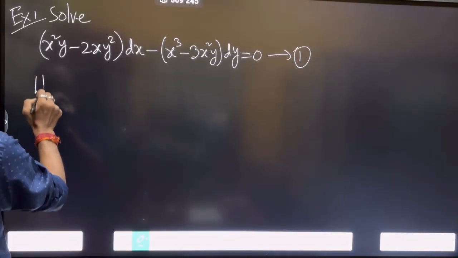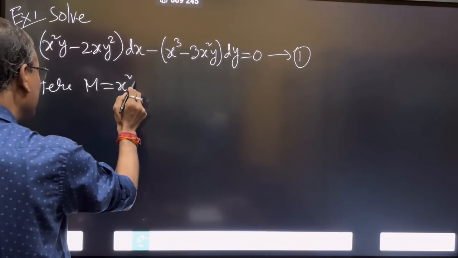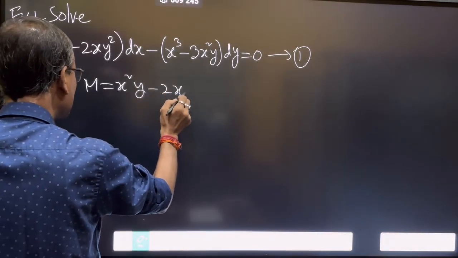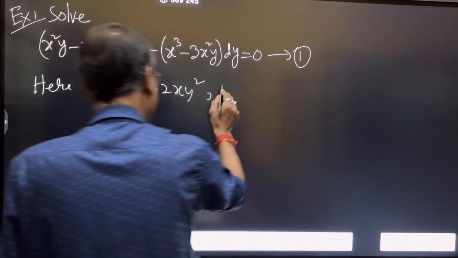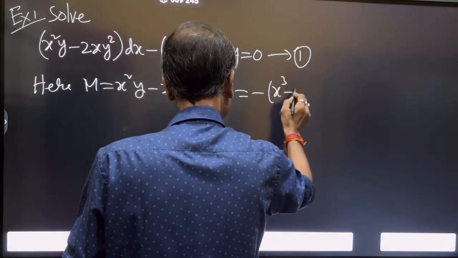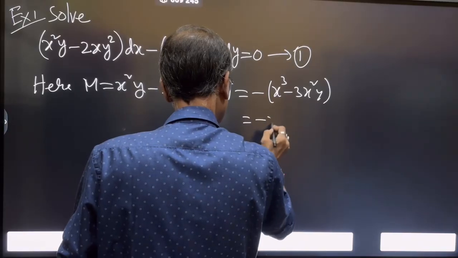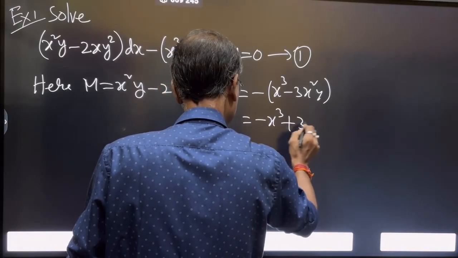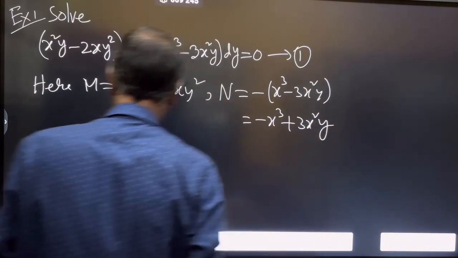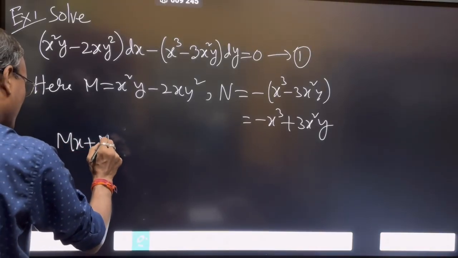Here M equal to x square y minus twice x y square, N equal to minus x cube plus thrice x square y. What is Mx plus Ny?